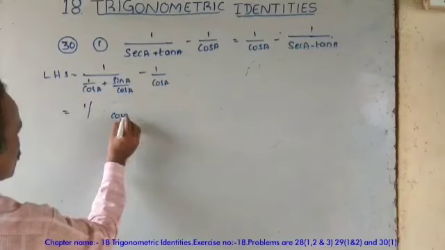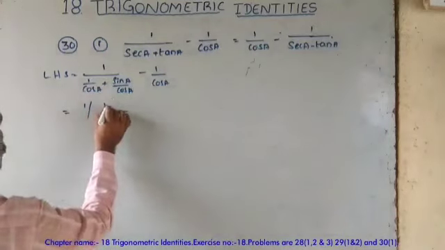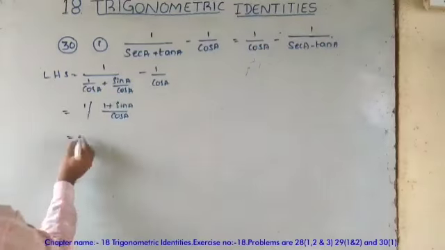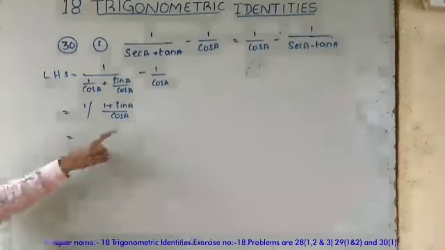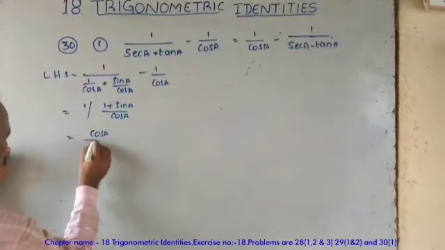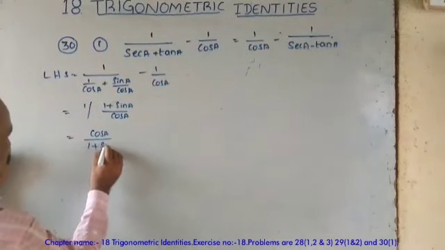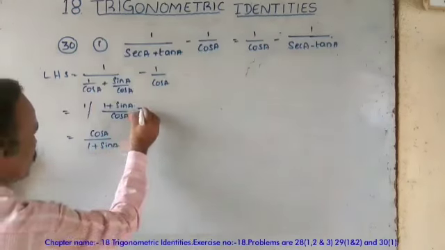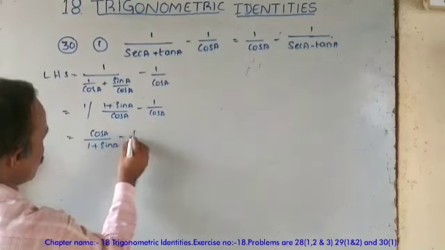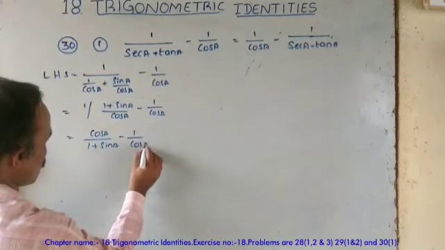So cos A is the LCM. We get same numerator also, 1 plus sin A. Next, we can shift here: cos A divided by 1 plus sin A. Sorry, here minus 1 divided by cos A. So here also minus 1 divided by cos A.